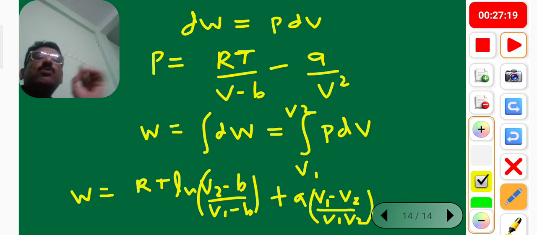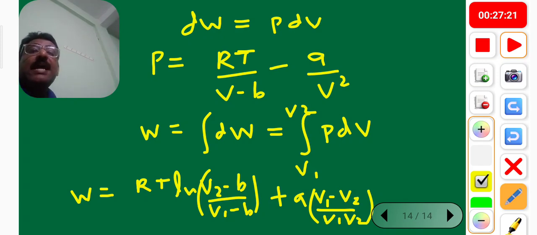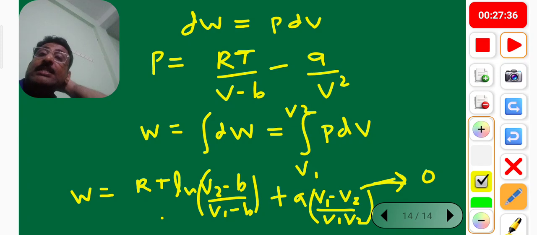So you are getting these two terms, but you can see that the first term is much larger than the second term. This second term is very small, so you can neglect it, you can take it as 0.